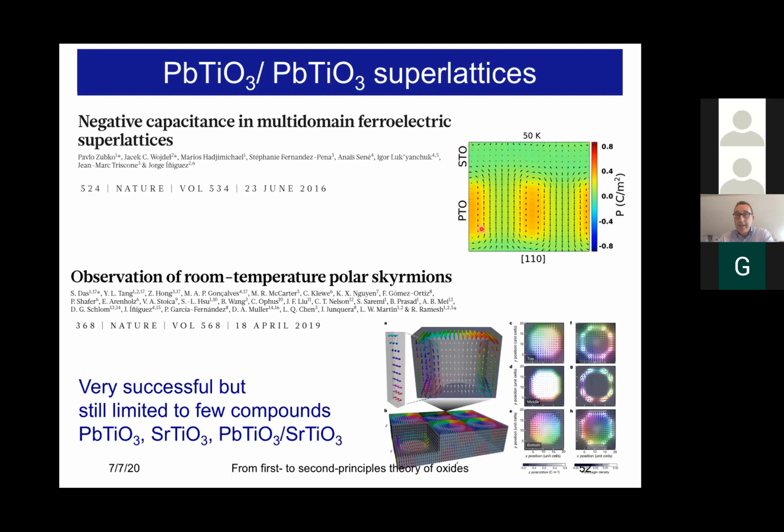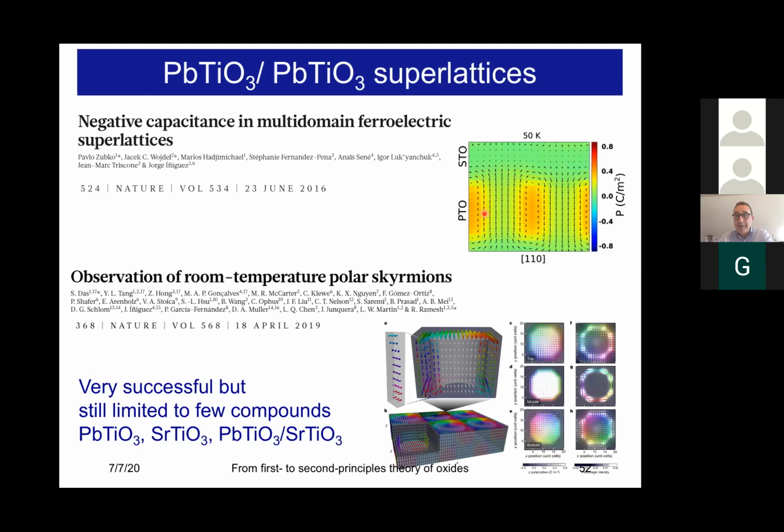And so it means that if you want to polarize the PTO here, and you imagine that you cannot polarize the STO here, basically you will accumulate some charge here at the surface.